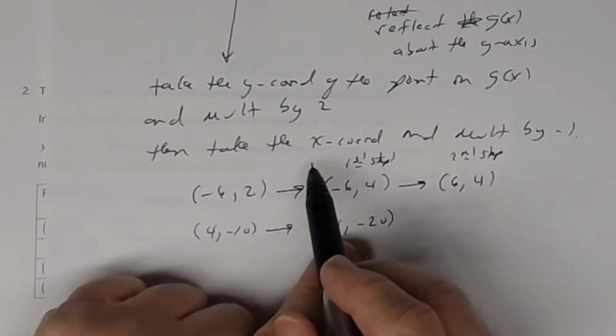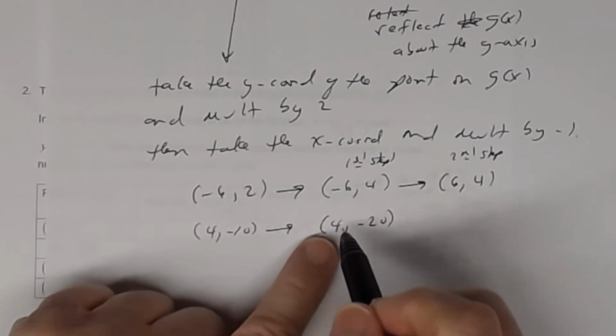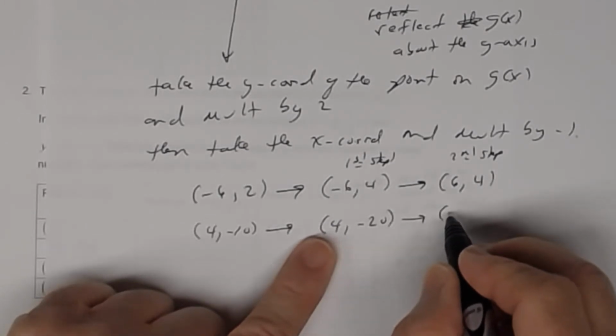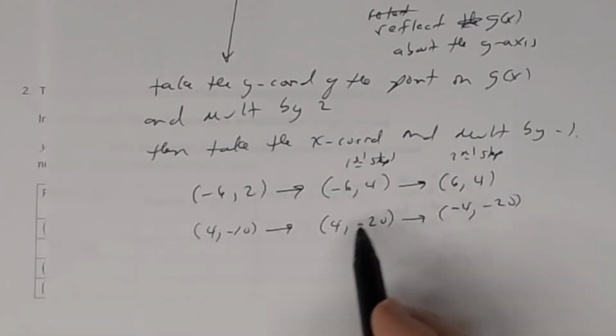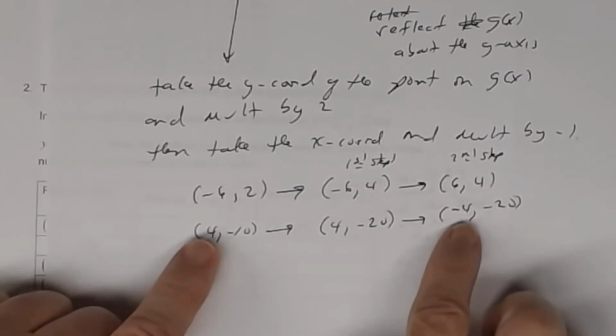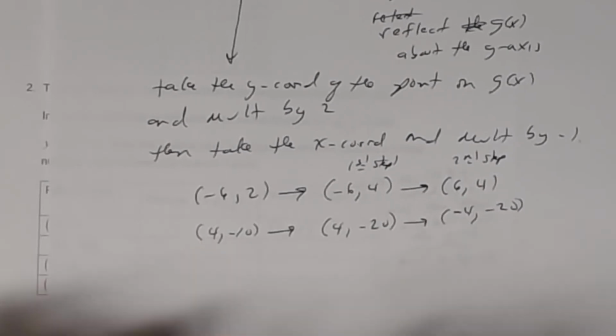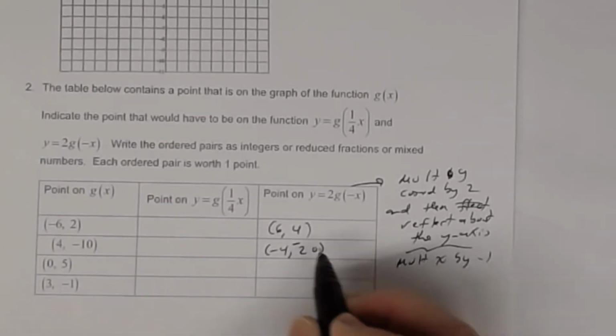Then the second thing I have to do is take the x-coordinate and multiply by -1. This x-coordinate is 4, and 4 times -1 is -4. Which kind of makes sense, because when you reflect about the y-axis, the x-coordinates are opposites. So this point here becomes -4, -20.